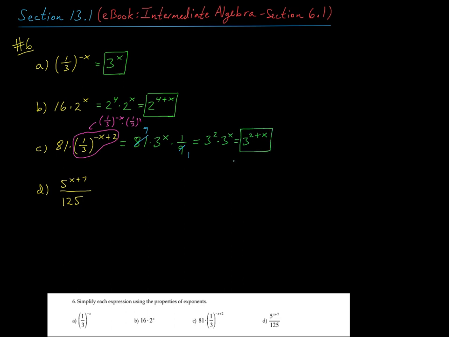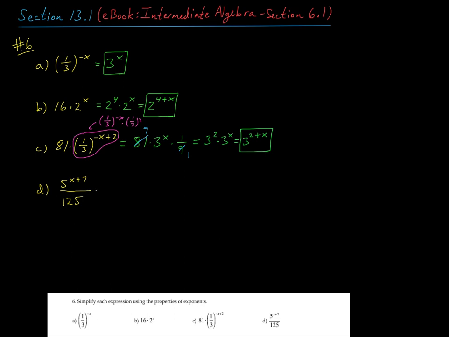So a little more complicated there. This, by the way, is certainly not the only way you could approach that. You could, for example, have written 81 as 3 to the 4th power and then proceeded from there. But this is a way to do it.